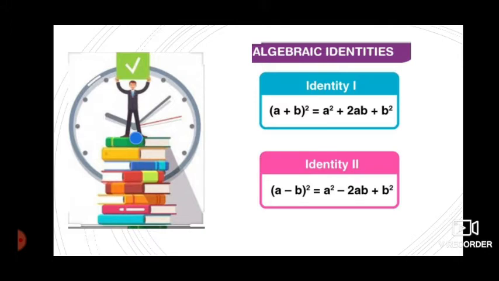In multiplication we have three types: monomial with monomial, monomial with binomial, and binomial with binomial. Each and everything we learned, children.